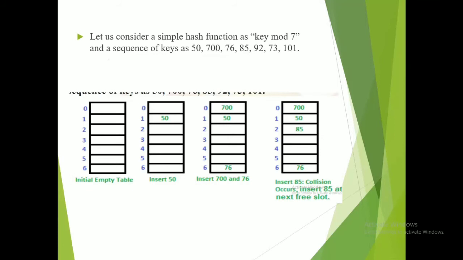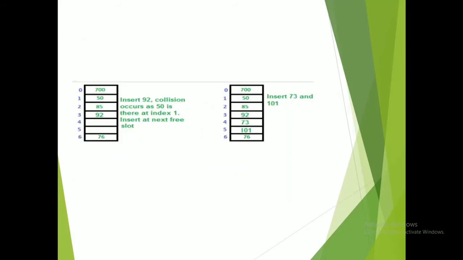First of all, insert 50 and then 700, and then insert 58. Collision occurs, so insert 58 at the next free slot. And then insert 92. Collision occurs as 15 is there at index 1, so insert it at the next free slot, and then insert 73 and 101.